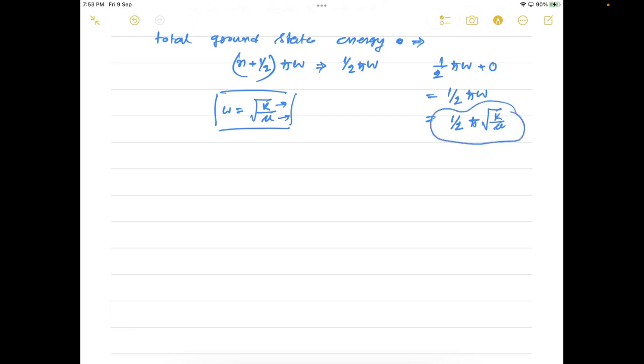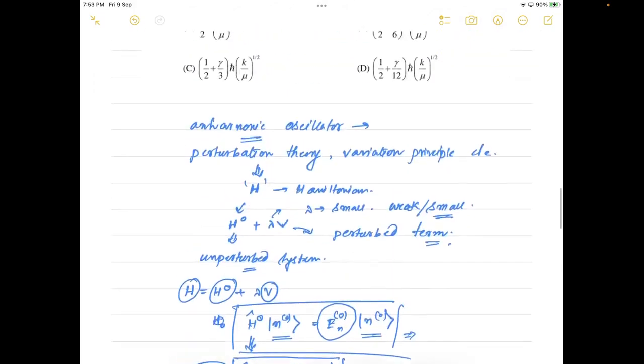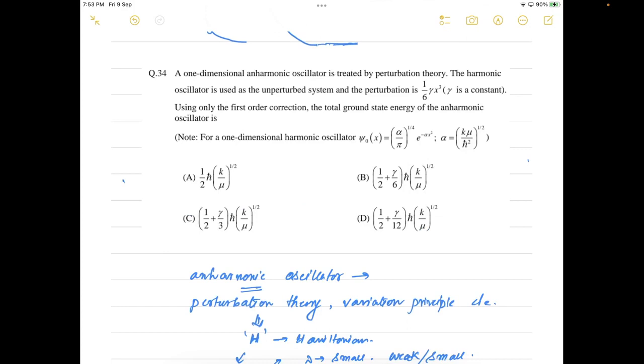So the total ground state energy for the anharmonic oscillator up to first order of perturbation will be half h bar root over k divided by mu. So this is option A. Option A is the right answer for this question number 34.